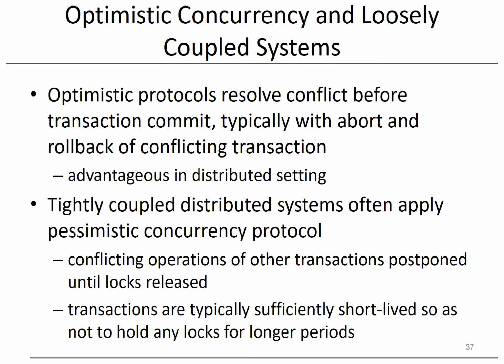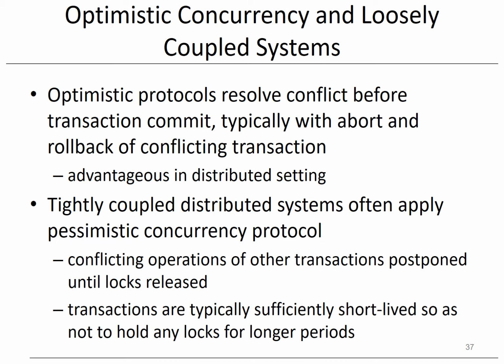Optimistic concurrency protocols resolve conflicts before transaction commit, typically with an abort and rollback of the conflicting transaction or transactions. Optimistic concurrency can be advantageous in many distributed settings, where the loose coupling between the respective participants in a distributed transaction would render other approaches inappropriate.